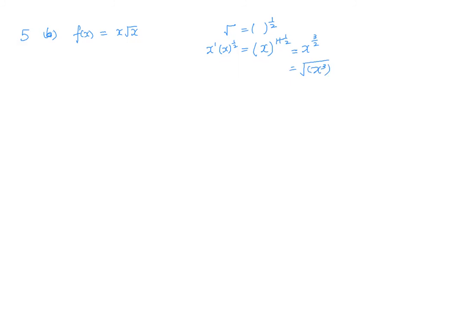So when you do your x plus h, I have point A, x equal to x, so f(x) is the square root of x cubed. Okay, B, x equal to x plus h, so my f(x plus h) will be equal to the square root of (x plus h) cubed.